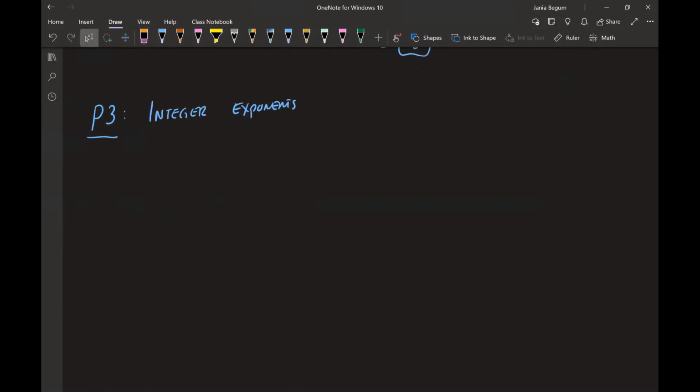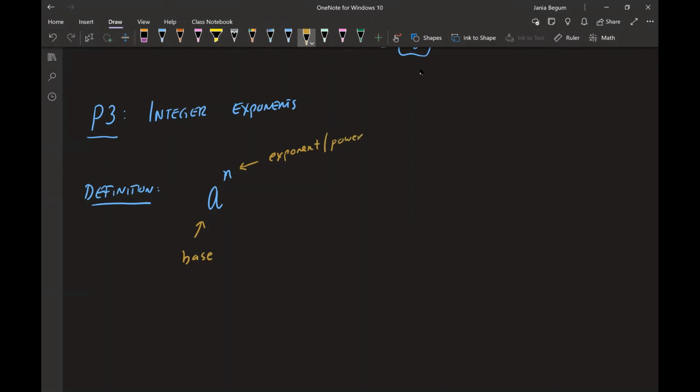So just keep that in mind. Now let's define what an exponent is. So definition. Let A be a real number, and suppose you have A to the power n. Here, A represents your base and n represents the exponent. Sometimes you can also call it power.